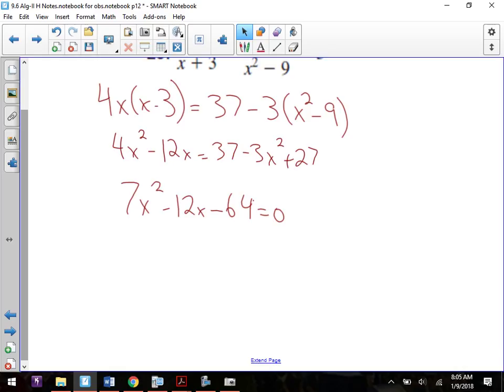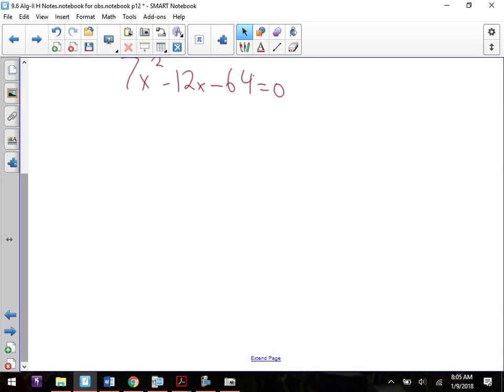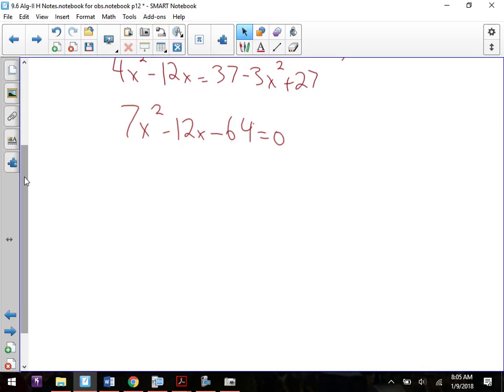So let's see. Negative b plus or minus square root of b squared minus 4ac, over 2a. So you still have to press some buttons, but it's a lot less.